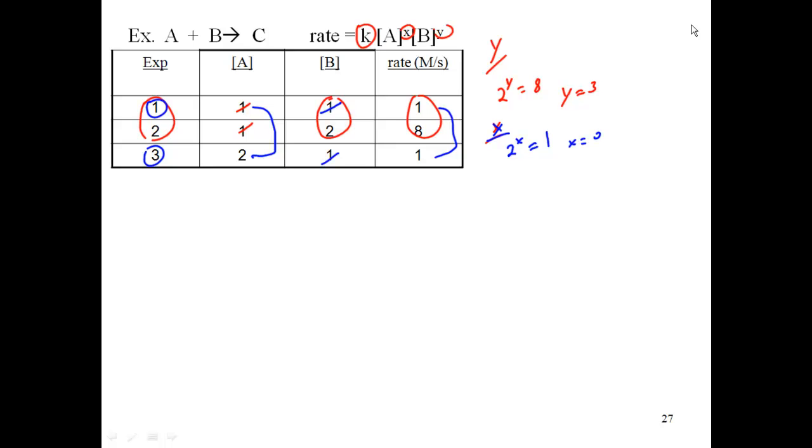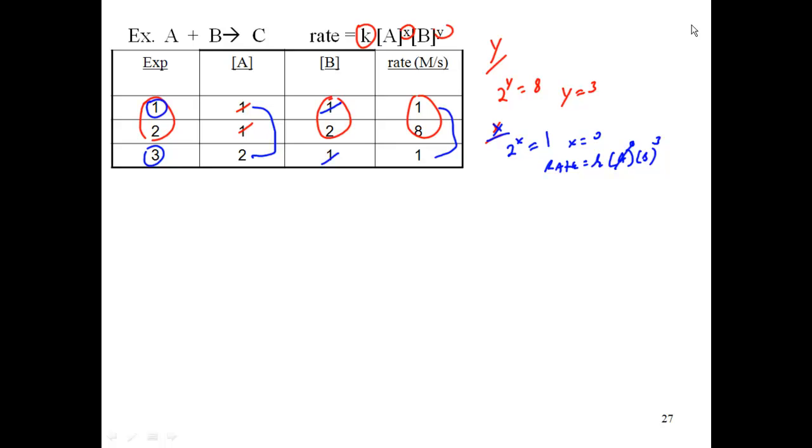Anything to the 0 power is equal to 1. So doing it by inspection, I know that rate is equal to some constant K, concentration of A to the power 0, concentration of B to the power of 3. And typically A to the 0, we just eliminate it since anything to the 0 power is 1.